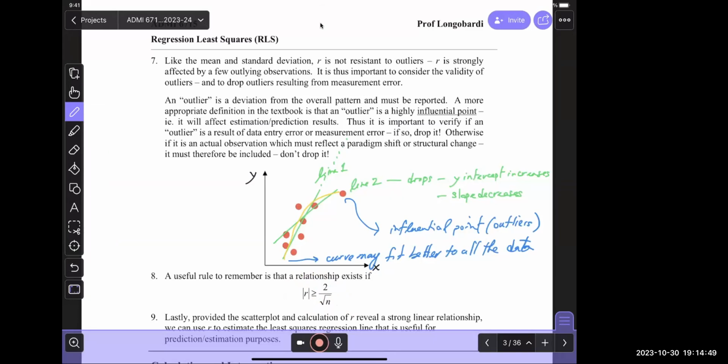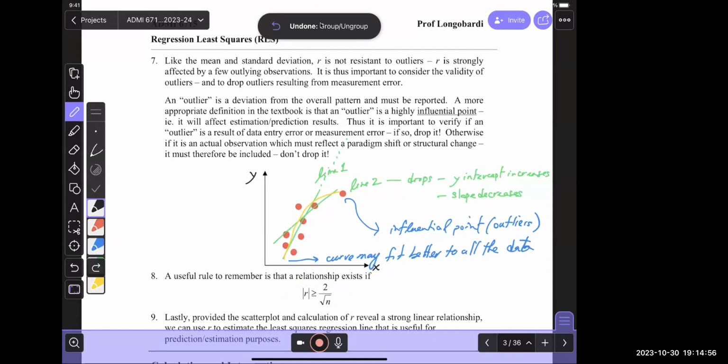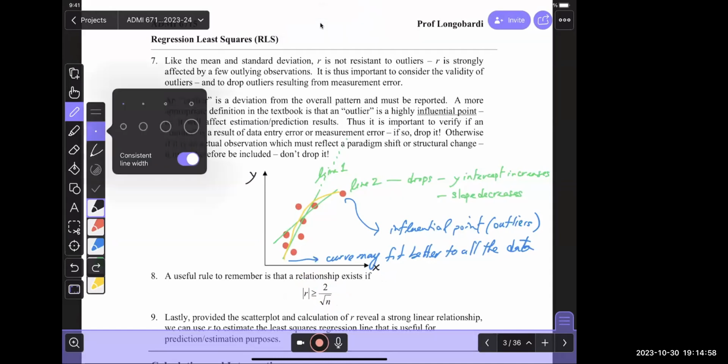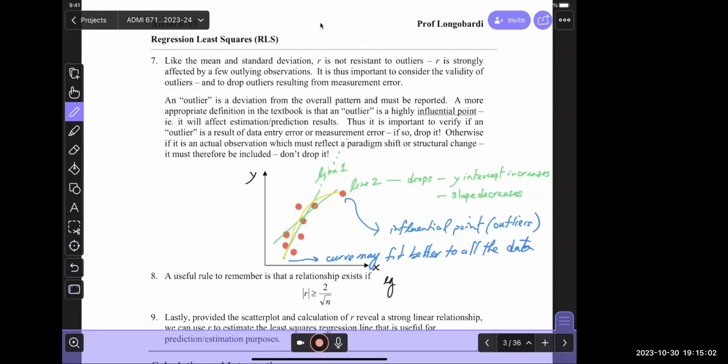So let's say you have a sample of size 100. What sort of R would be considered a relationship using this rule?